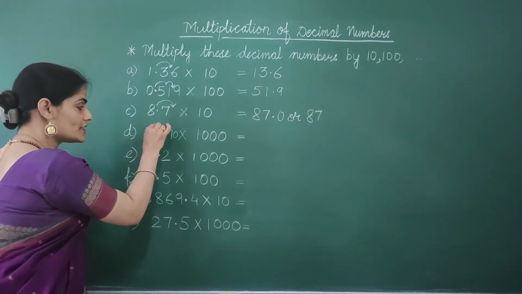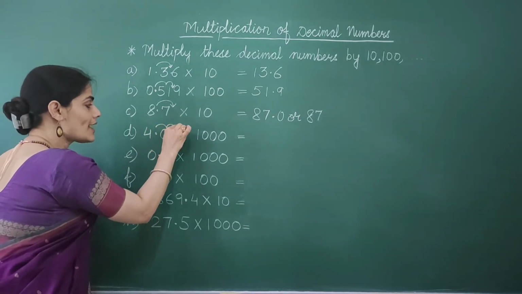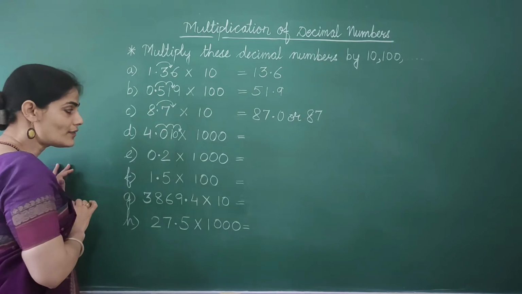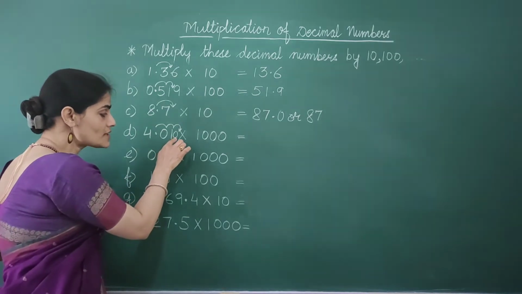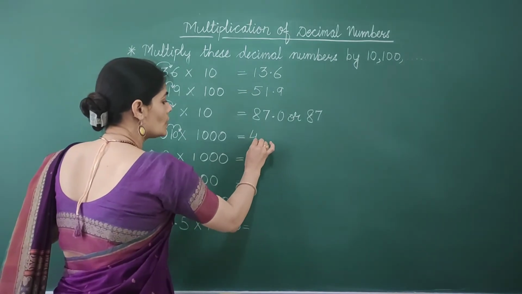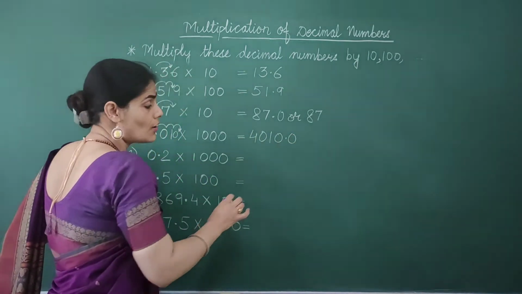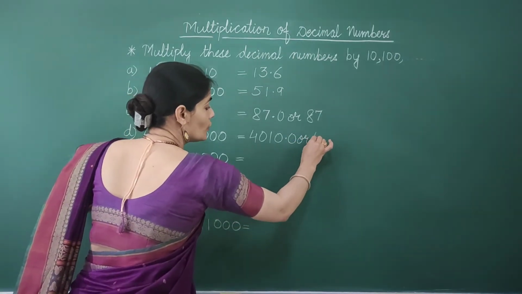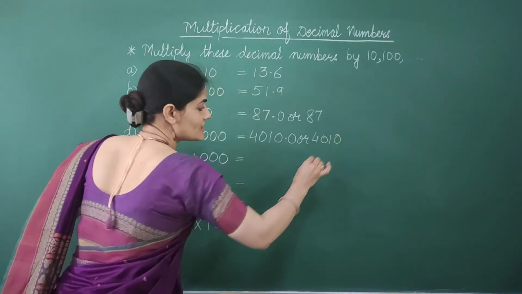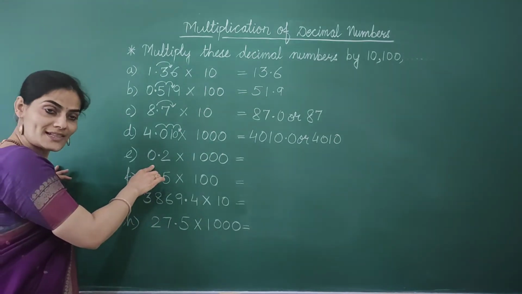So let's shift the decimal by 3 places. 1, 2 and 3. So where will the decimal come? This decimal is going to come after this 0. Now what will I write here? 4010.0 or simply 4010. Have you understood?